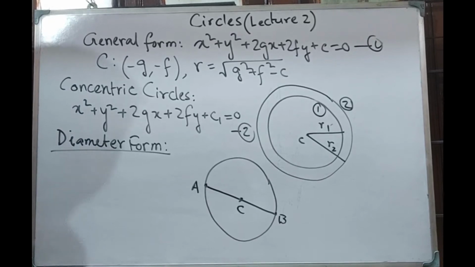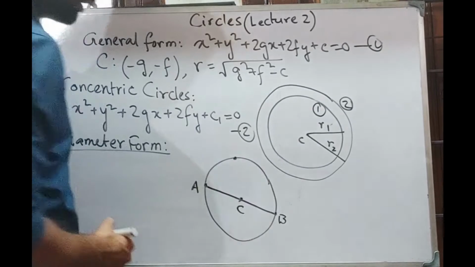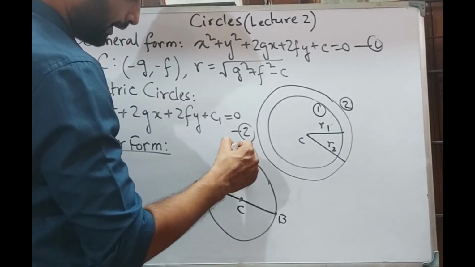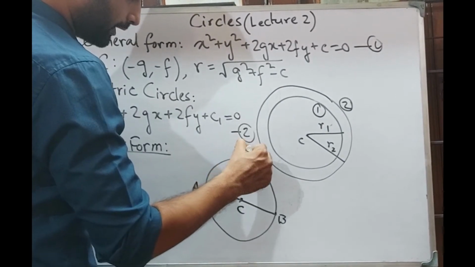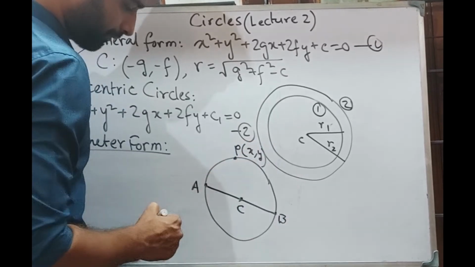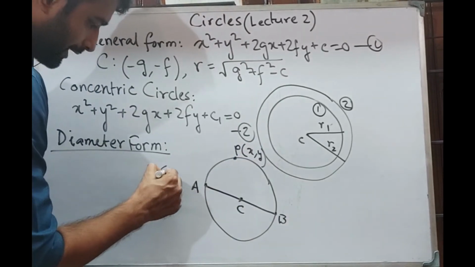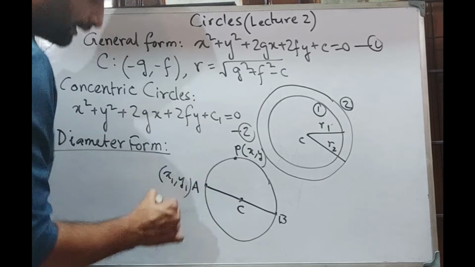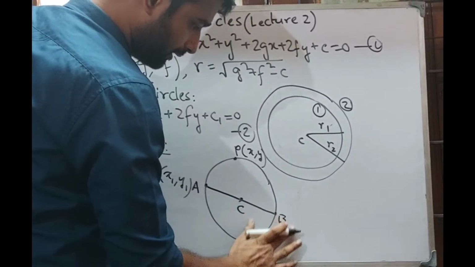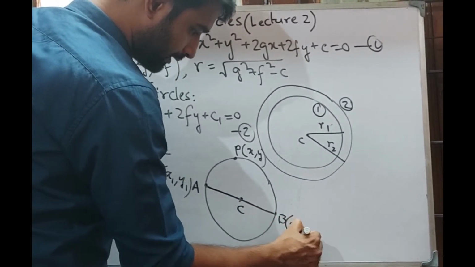Remember, whenever we are finding some equation, we need a moving point on the curve. Here we are taking the moving point as P, and the coordinates are x and y. For this point A, I am taking the coordinates as x1, y1, and for the point B, the coordinates as x2 and y2.